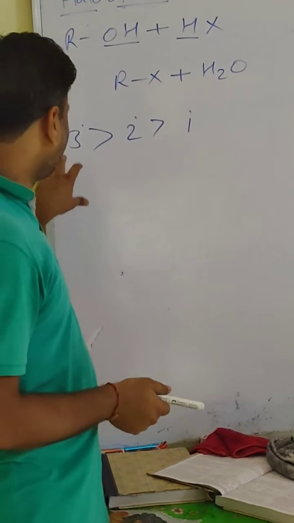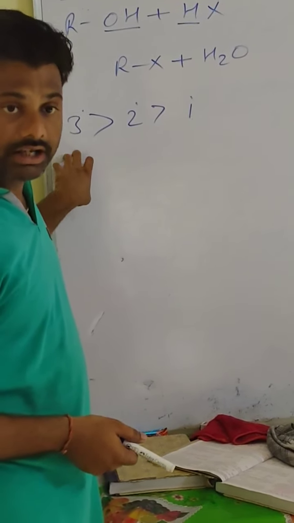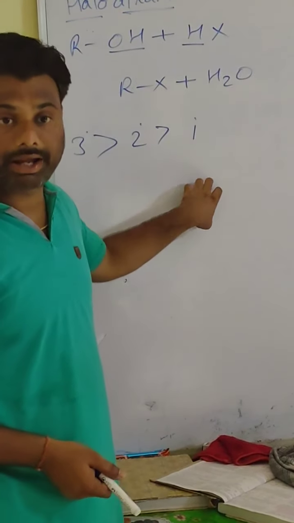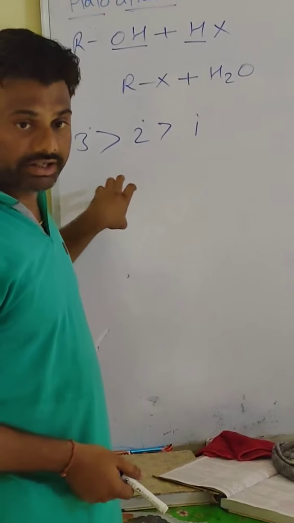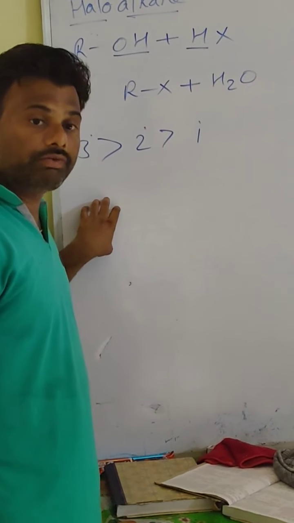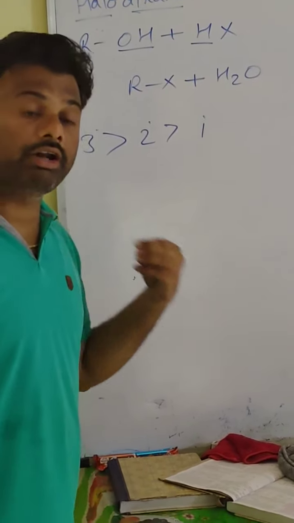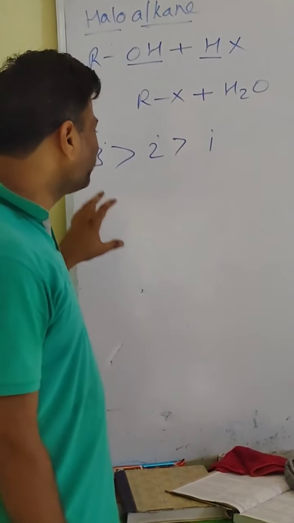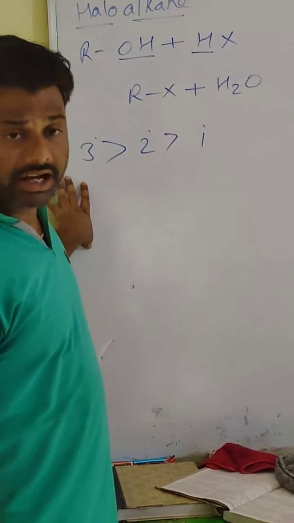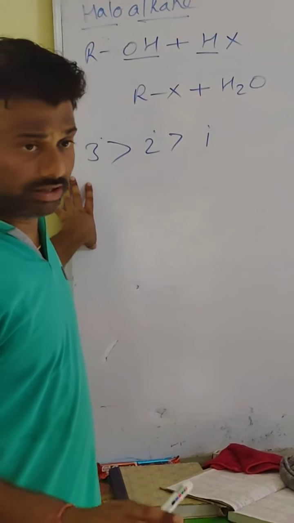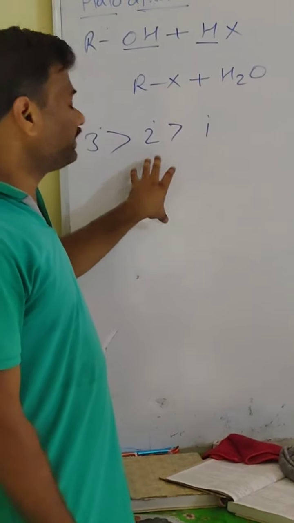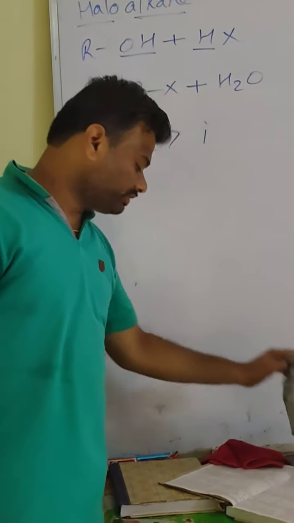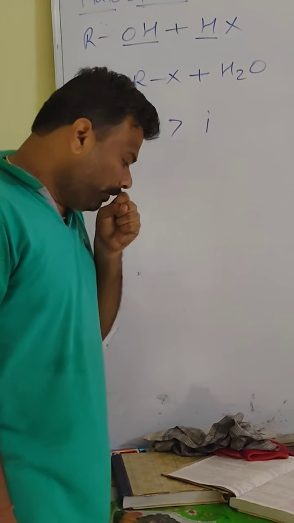The tertiary carbocation is more stable, so the reaction is seen most in tertiary, then secondary, then primary, due to the steric effect. In tertiary there are three alkyl groups, which are electron-releasing groups, pushing electrons toward the carbon atom.